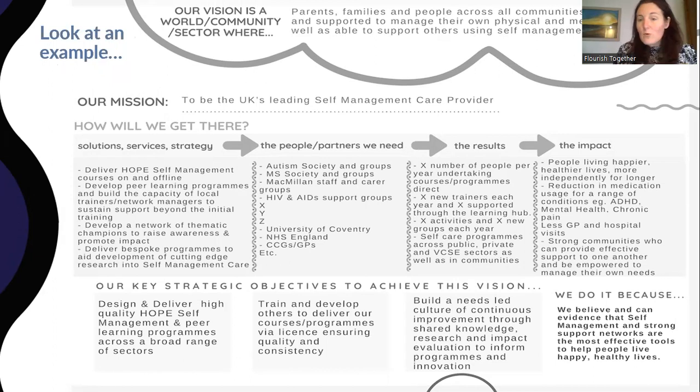There are other examples online. People do publish their theory of change as a way of showing their communities that they've thought things through and that they've set out their stall. And so you'll be able to look at other people's theory of change, perhaps a similar organisation to yourself, working in another area or nationally, to help think through your own circumstances.